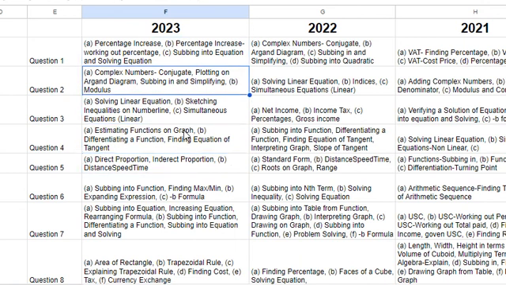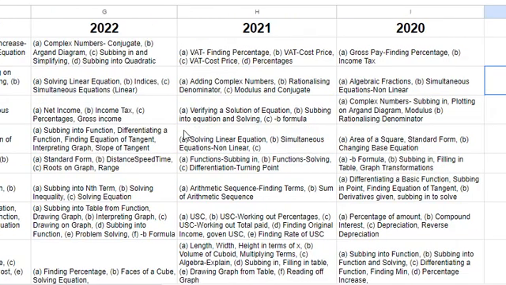If you look here, that was part A of question 3 last year, 2023, and then something similar to that was question 2 in 2022, and it comes up in 2021, question 4.